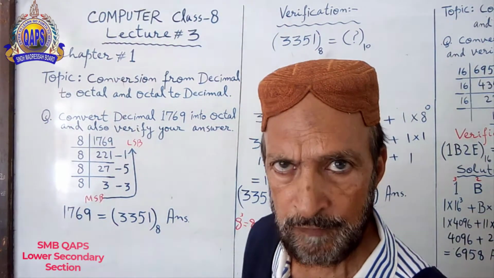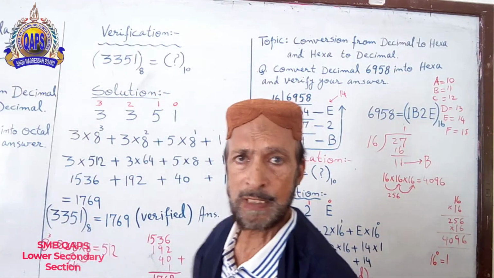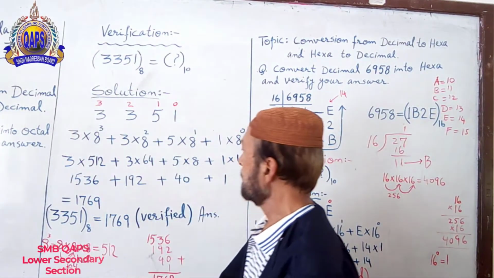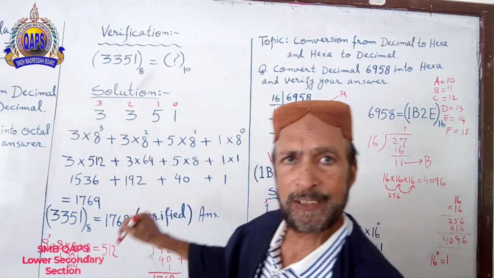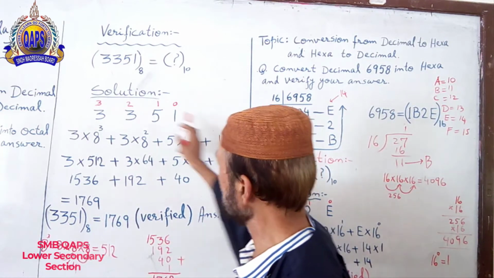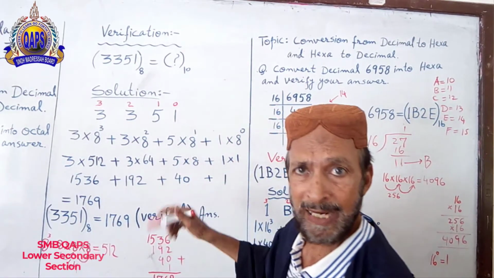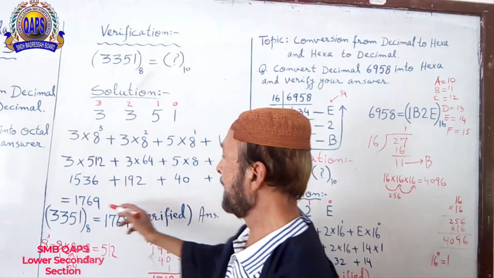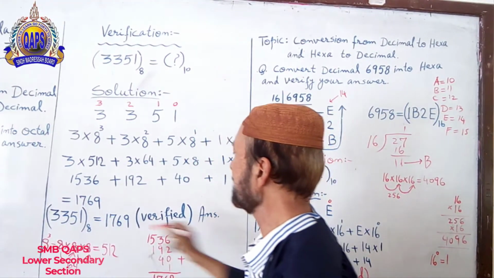You do it by yourself. You understand these all the calculations, and now you can do it easily by yourself. If you will calculate that, after doing all the things in the same way as I have done in front of you, it will be 1769 and it is verified.